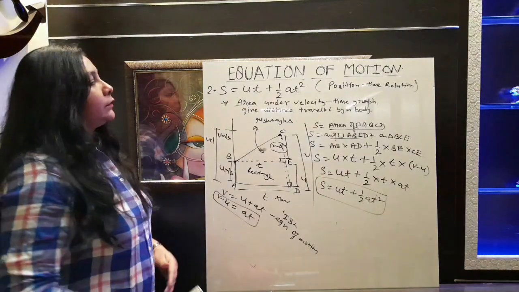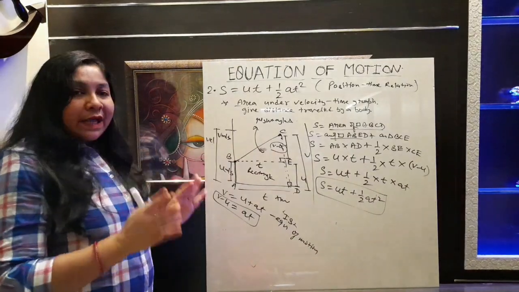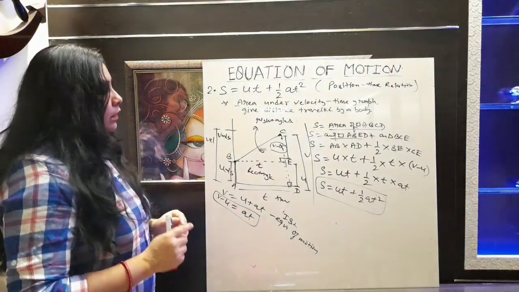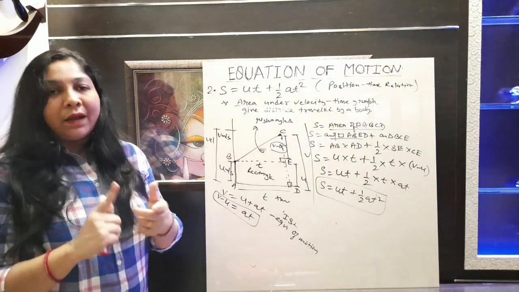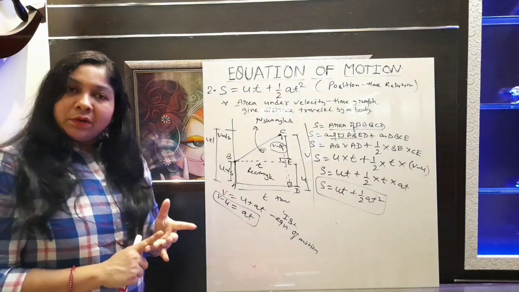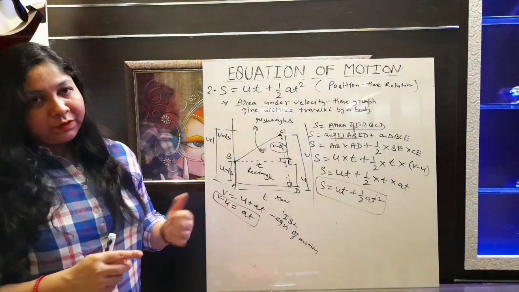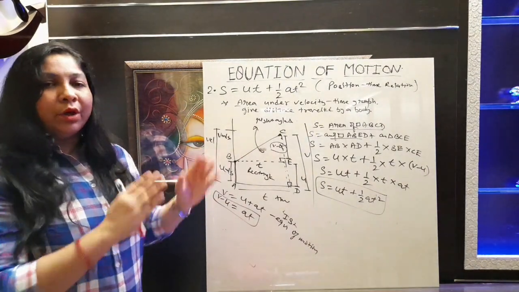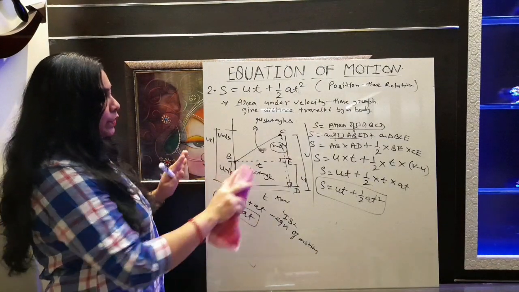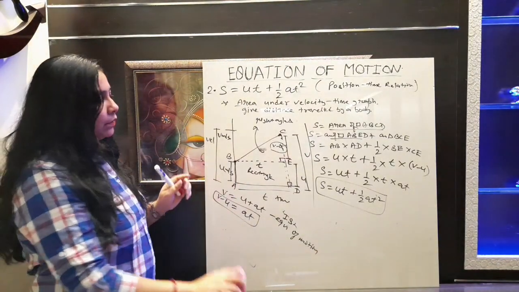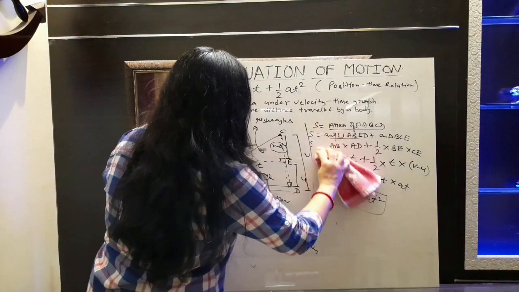Got it? Now I am going to derive the third equation of motion. The position time relation we already got. Now we will find the third equation of motion, that is V square minus U square is equal to 2AS. Again we will use this particular graph only, because we need to draw the same graph for all three equations. No need to rub it, I think it is quite clear now.